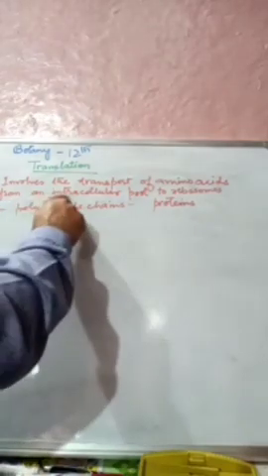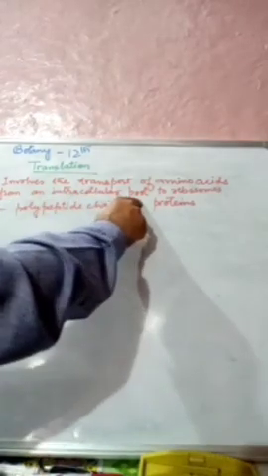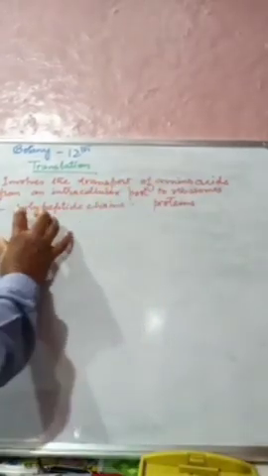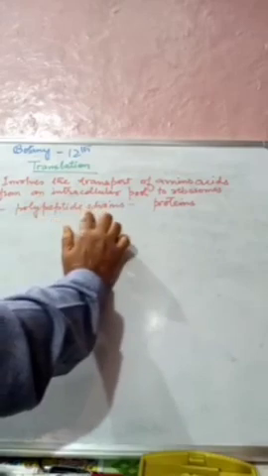So what do we mean by translation? Translation simply involves the transport of amino acids from an intracellular pool to the ribosomes, where they are assembled into polypeptide chains.